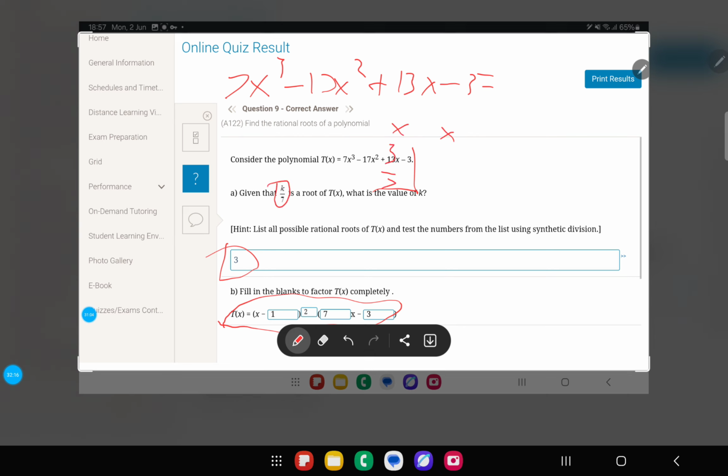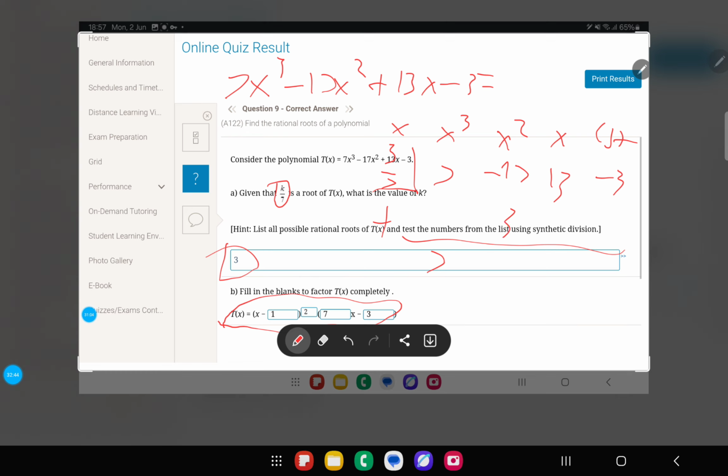This is the x, and x cubed, x squared, x, and constant. Now x cubed is 7, x squared is negative 17, x is 13, and constant is negative 3. Now, let's prepare to add them. We'll bring down 7. 7 times 3 over 7 is 3.